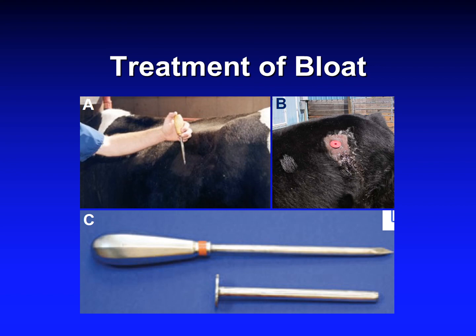In B, you can see the cannula inside the wall, and then of course we leave it there so the gas can have some way to escape from there.